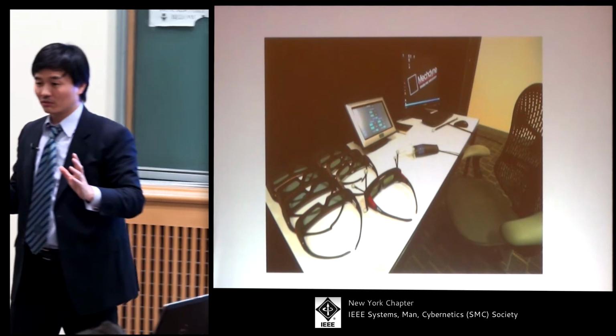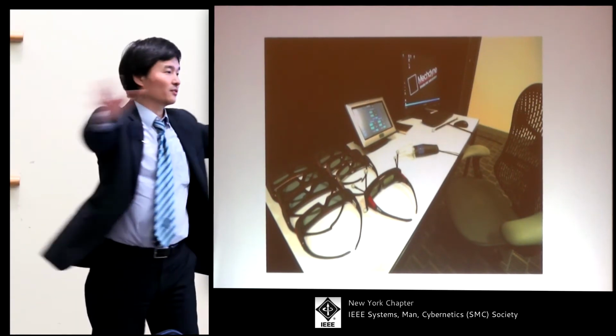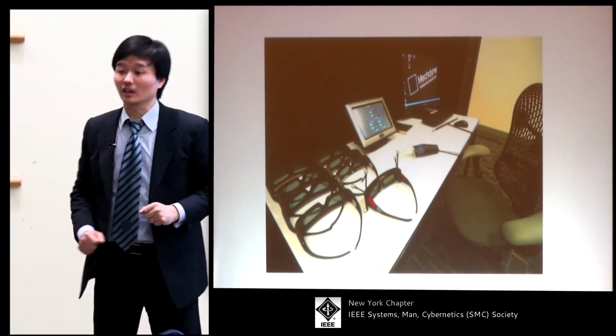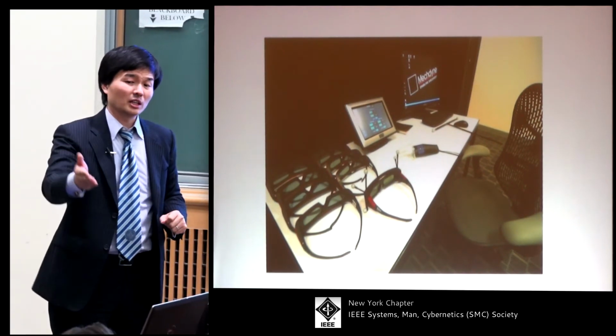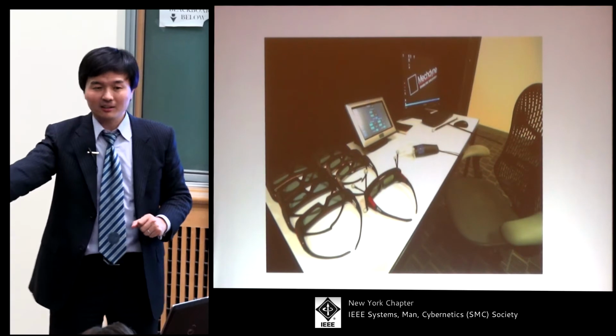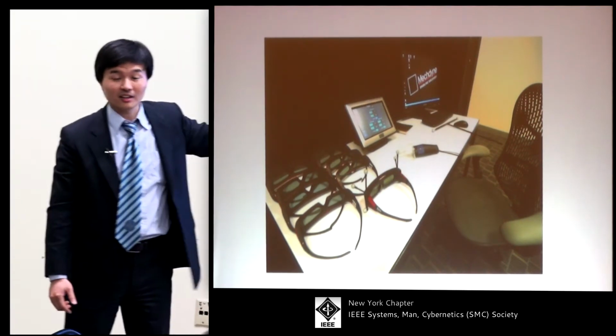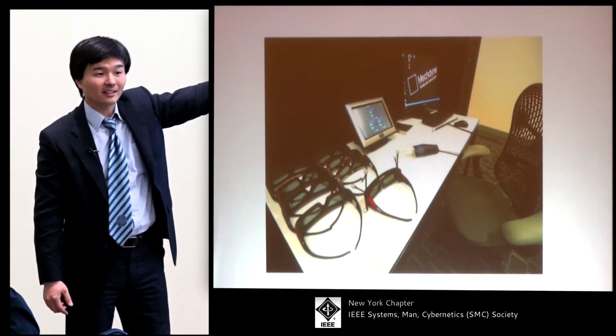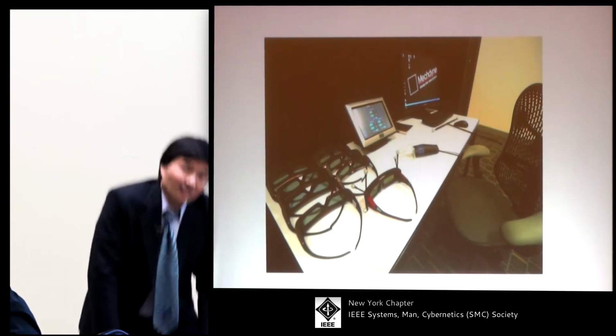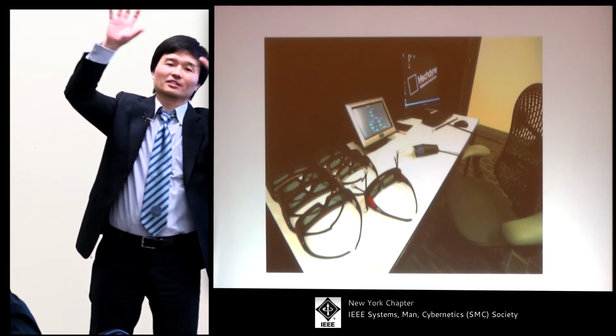So if you move this way, the whole screen is going to shift in real time. Unlike going to a 3D movie, where you sit there watching the same scene, whoever's wearing those glasses, if that person bends down, the whole screen would just move as if you are looking downward.